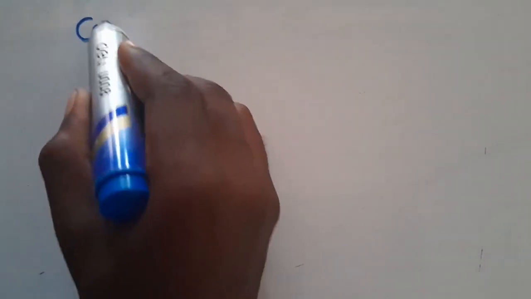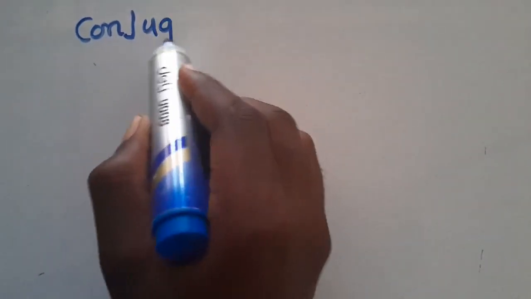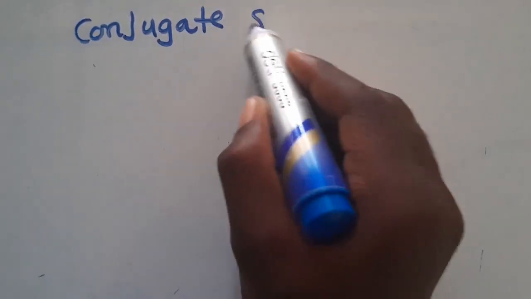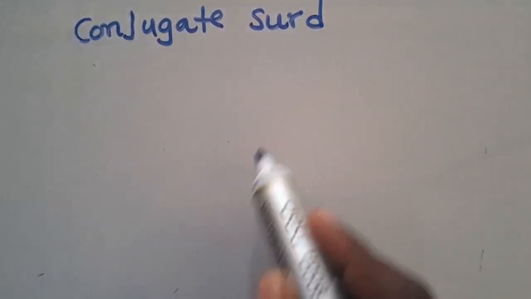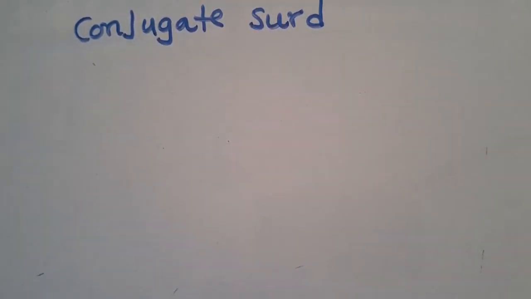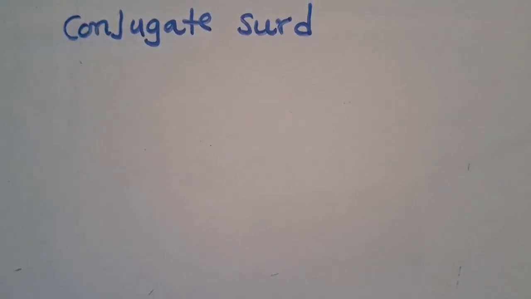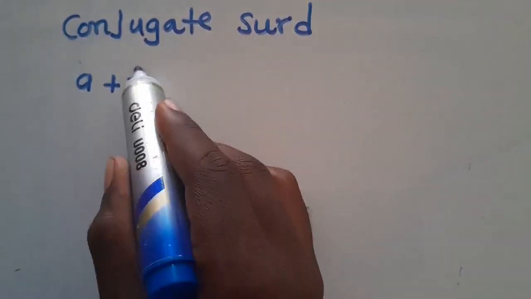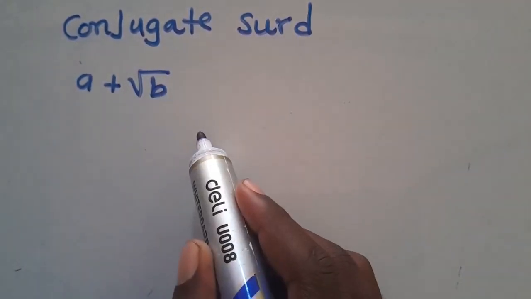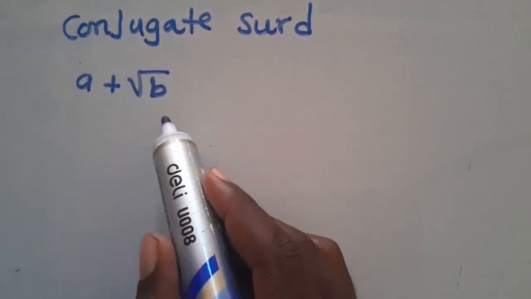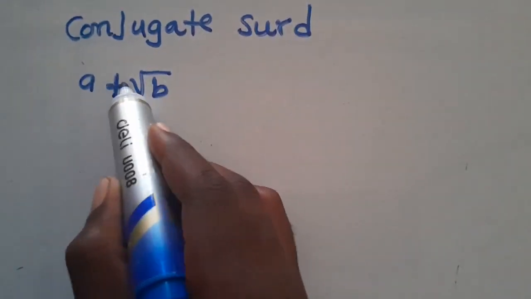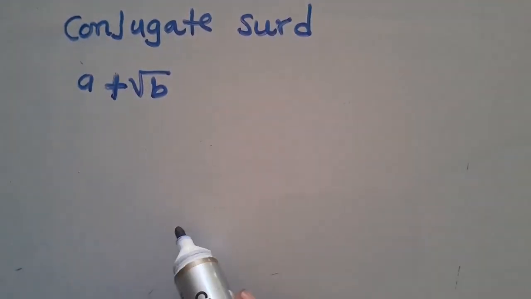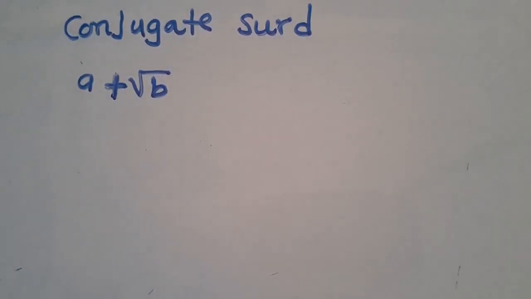A conjugate just changes the operation. Let's say you've got a plus root b. When you want to talk about the conjugate, it changes the operation, so the operation of this surd will be changed.